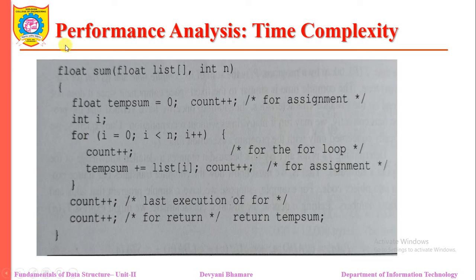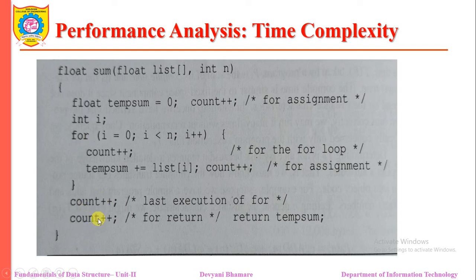Then we are taking this count for this initialization, or we can say the assignment statement. We are not considering such a declaration statement. Then this count will be increased for our for loop, and this count statement will be used for our assignment statement. This is the count for our last execution of our for loop, and as the function is returning something, that's why we are taking this count.